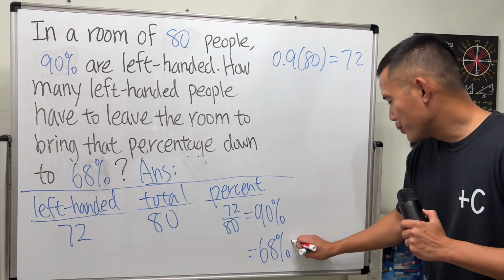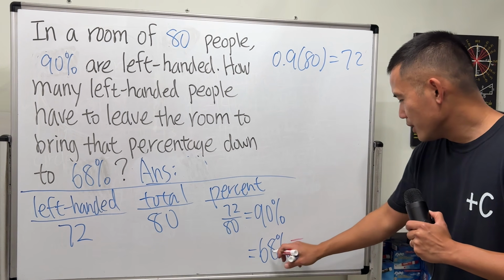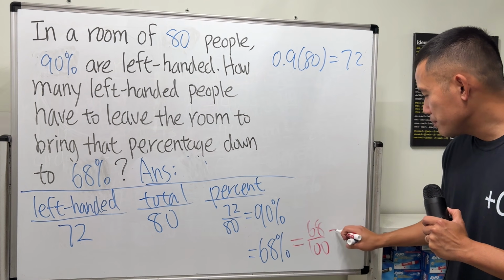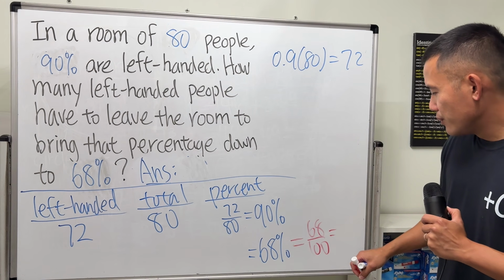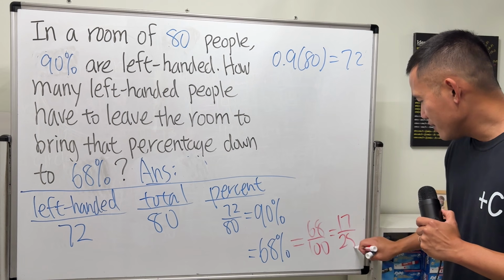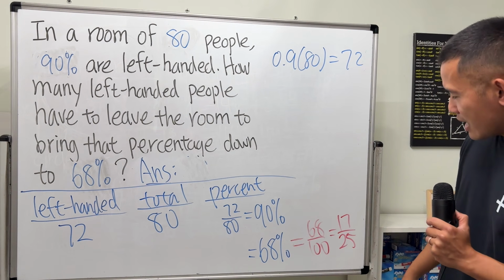This right here, you can still put it as a fraction. You can write this as 68 over 100, and you can reduce it by 4. You have 17 over 25. Okay, yeah.